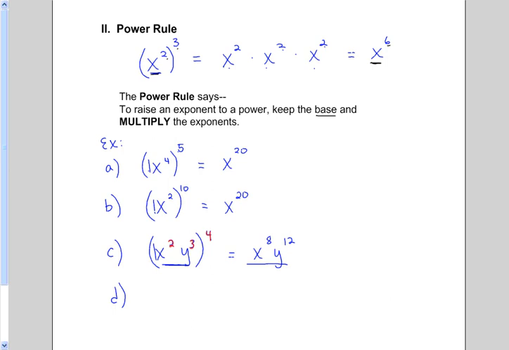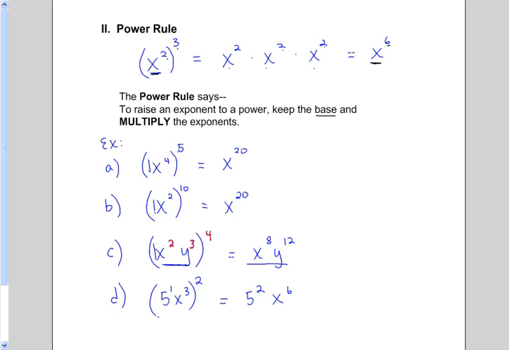If I have something like 5x to the third in parentheses to the second power. It still means everything in those parentheses has to be raised to the second power. The 5 actually has an understood 1. So what am I going to get if I multiply the exponents? I'm going to get 5 to the second power, and then I'm going to get x to the sixth power by multiplying the exponents.